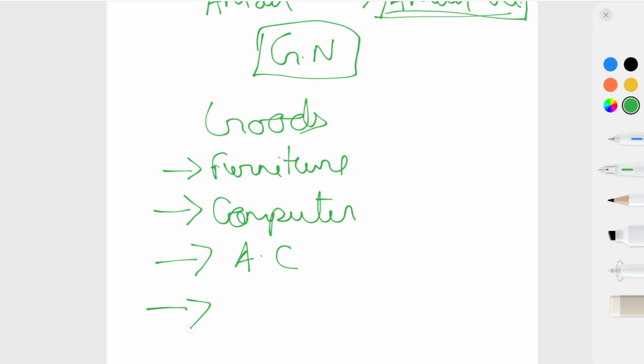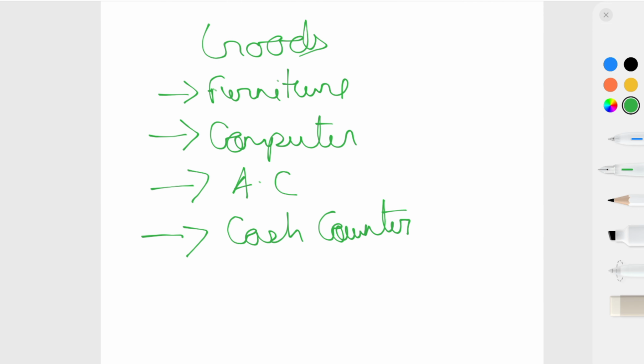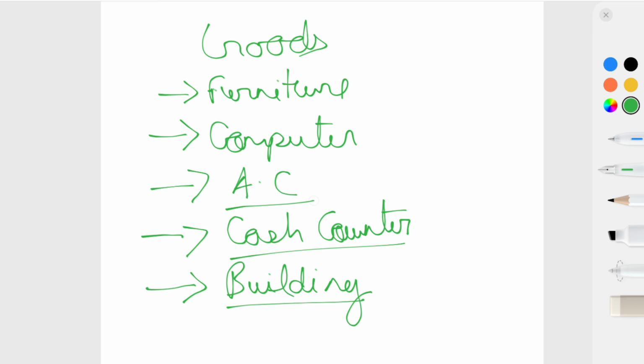We can see a cash counter where cash is kept, right? So basically all these things we see in a general store. Why am I telling you this? Because these are the properties which the businessman has created or purchased in its name, and the building in which that store is there, if it is owned by the business, is also an asset. So all these things are assets for the business, right?